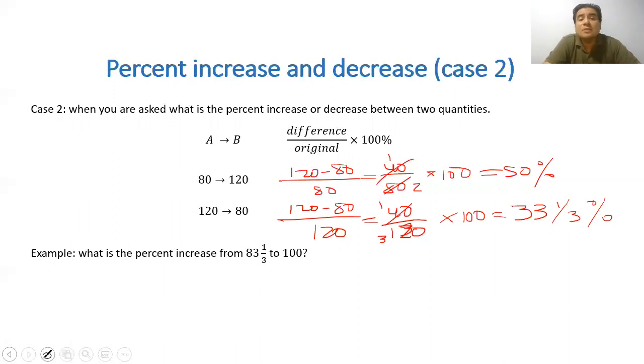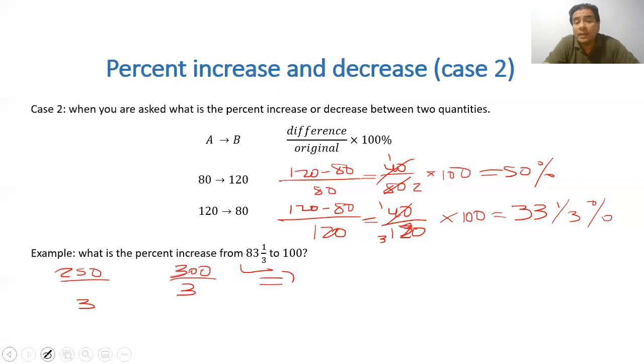Example, what's the percent increase from 83 1/3 to 100? It's better to manipulate everything as fractions. So what is the first number? We can express it as a pure fraction, like 3 times 83, it's 249, plus 1 would be 250 over 3. And 100 is just 300 over 3.